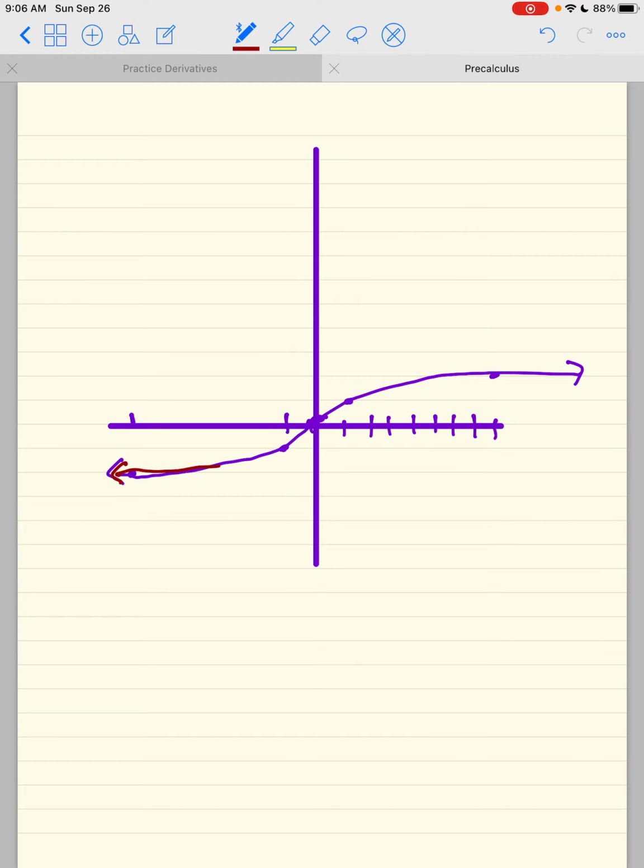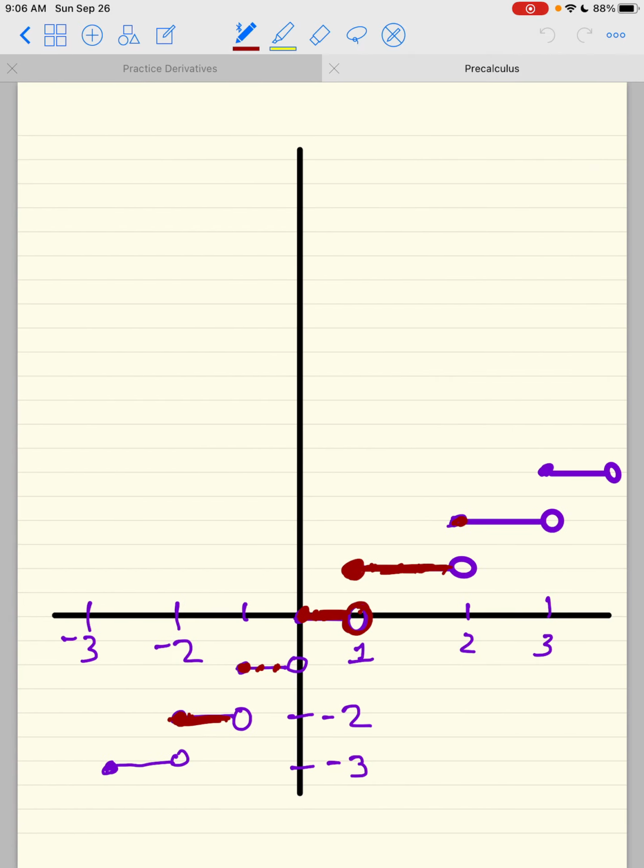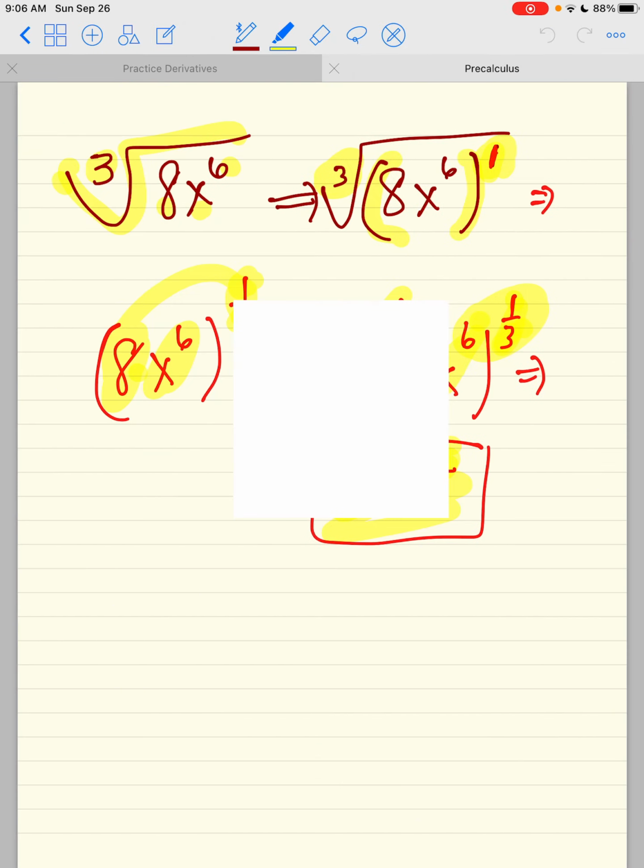I never ever have to pick up my pen. That's continuous. But here, in order to go from here to here, I have to pick up my pen. So this is not continuous. To go from here to here, you can't without picking up your pen. There's a space between the graphs, so it's not continuous. Okay.